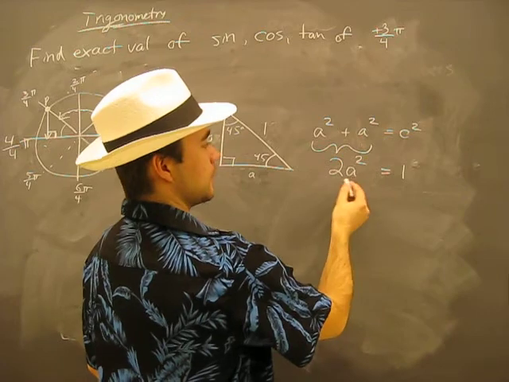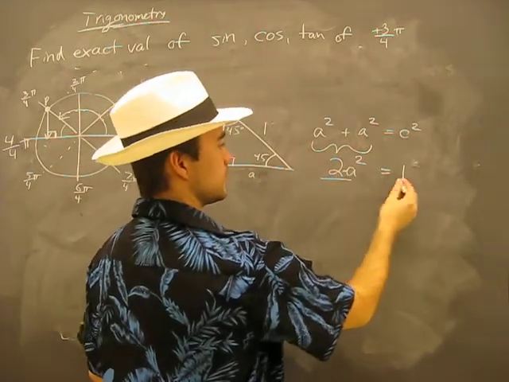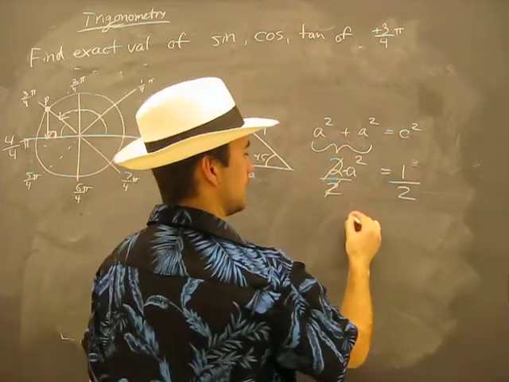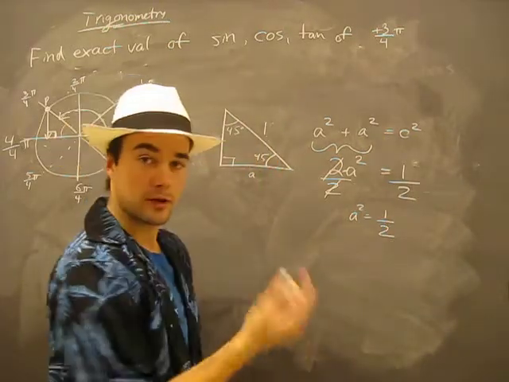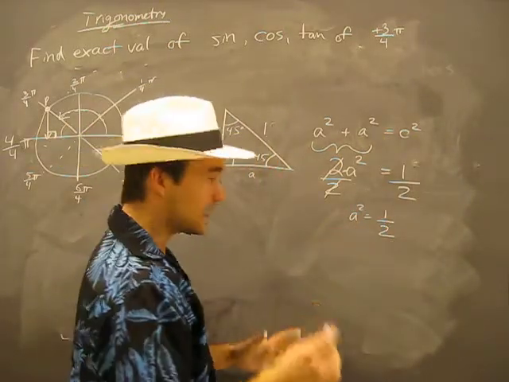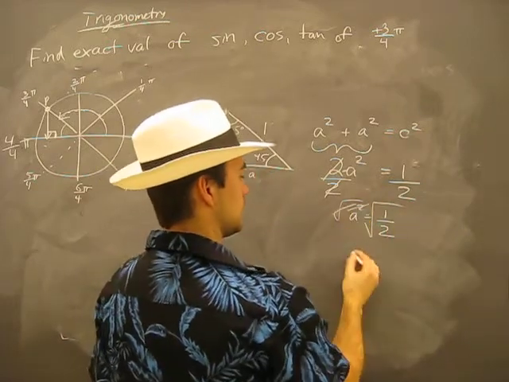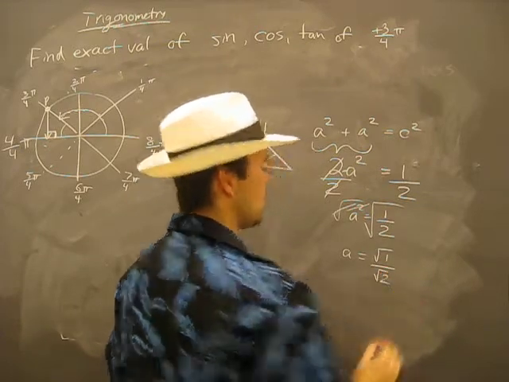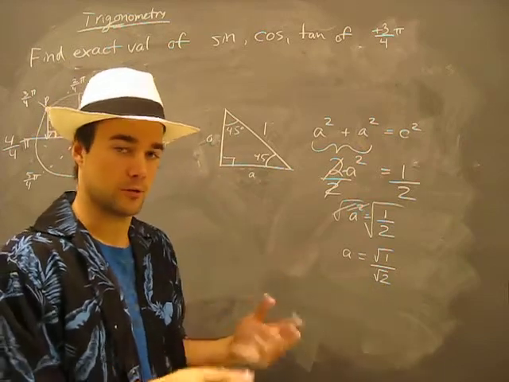I want to isolate A and see what it is. I'll divide by 2 first, because they're married together with a times sign. So that'll cancel, and I get A squared equals 1 over 2. Not good enough. I want A by itself, so I'll square root both sides, and that cancels out to A. This will be root 1 over root 2. Now here's something we never want to do: leave the denominator with the root sign in it.